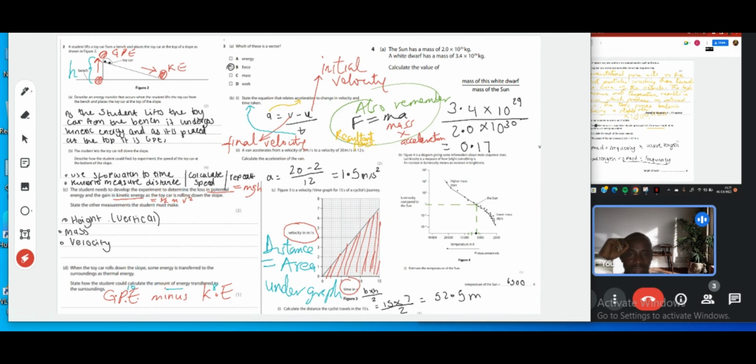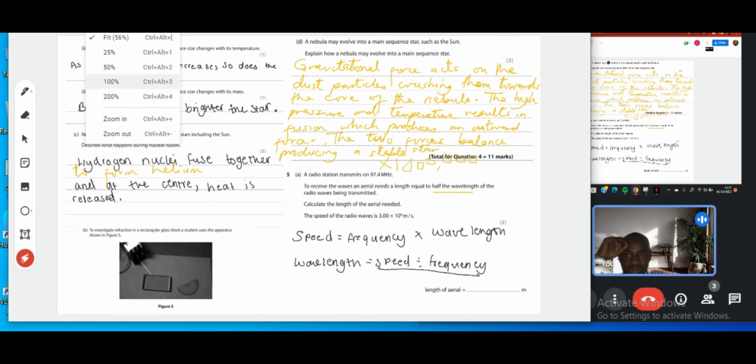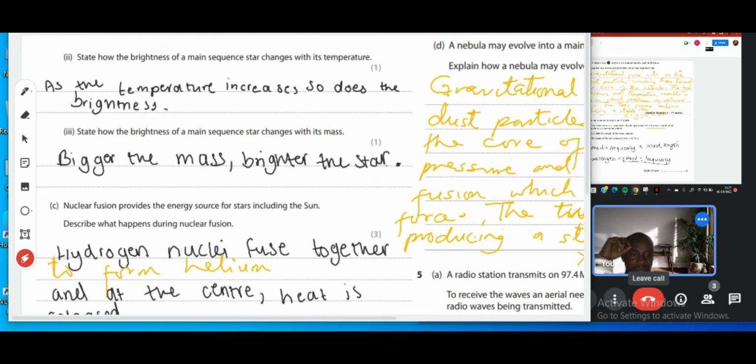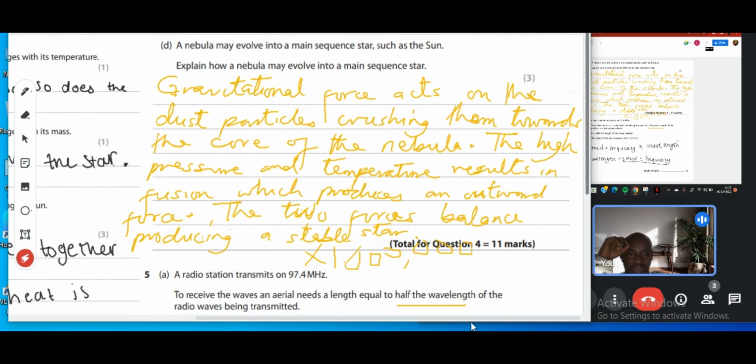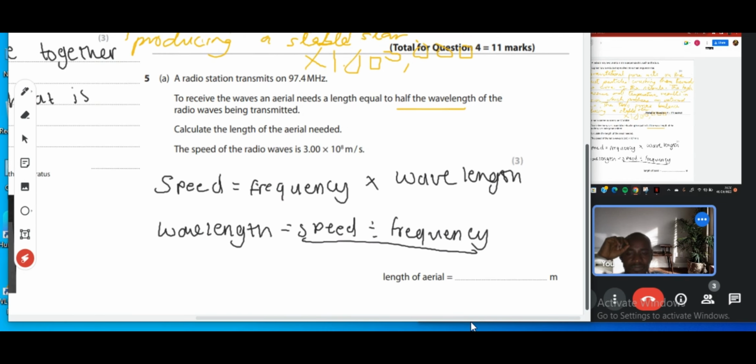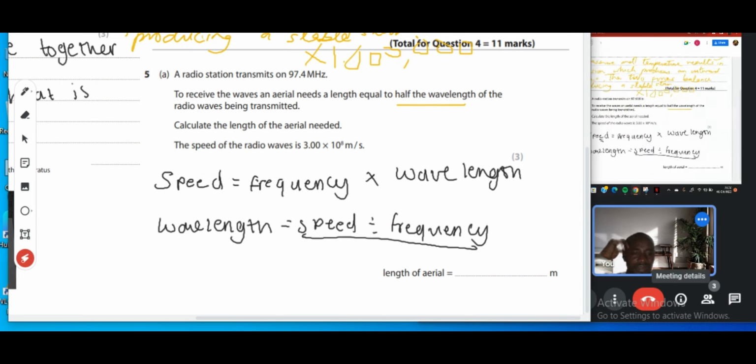It looks like this is the last part of that question number 4 you copied. If it is the last part, then I think we have exhausted. We finished the question, because this one is a different question about radio waves. Okay, that's fine.